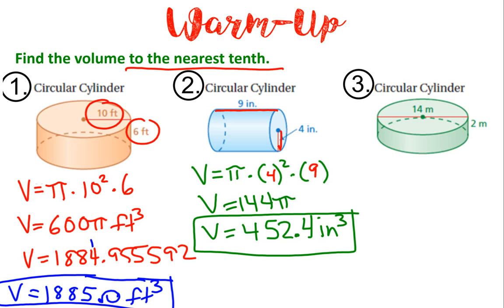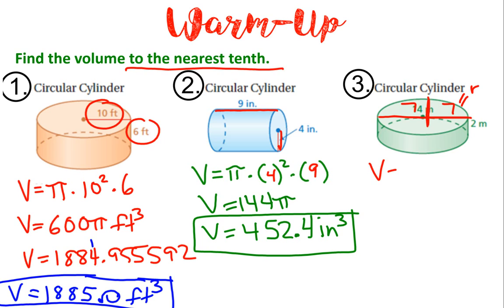Right, the third one here is a little bit tricky because the number given is 14 meters, and that does not represent the radius. The radius is only halfway across, and 14 is the diameter, which is all the way across. So that means I'm going to have to split that value in half to find out that the radius is actually 7.